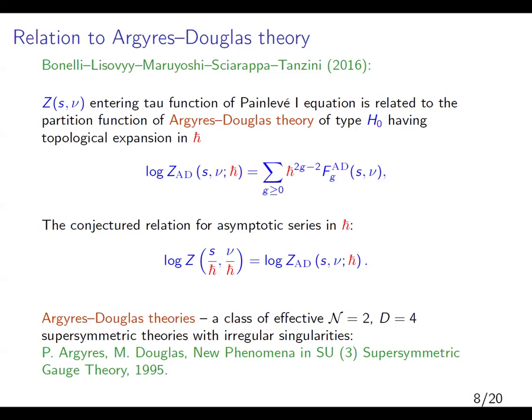Just for information, I don't enter into this. Argyres-Douglas theory is a class of effective supersymmetric theories with irregular singularities, initiated by Argyres and Douglas in 1995.